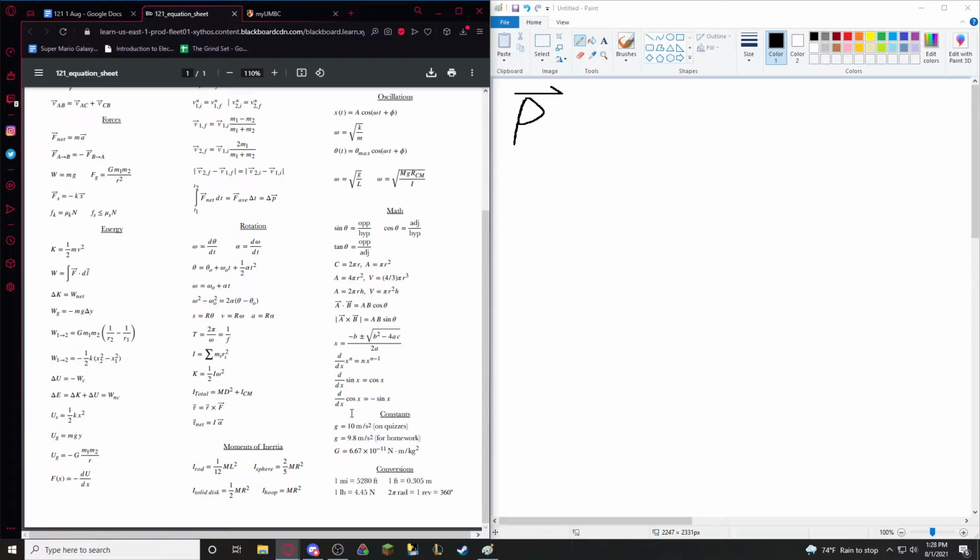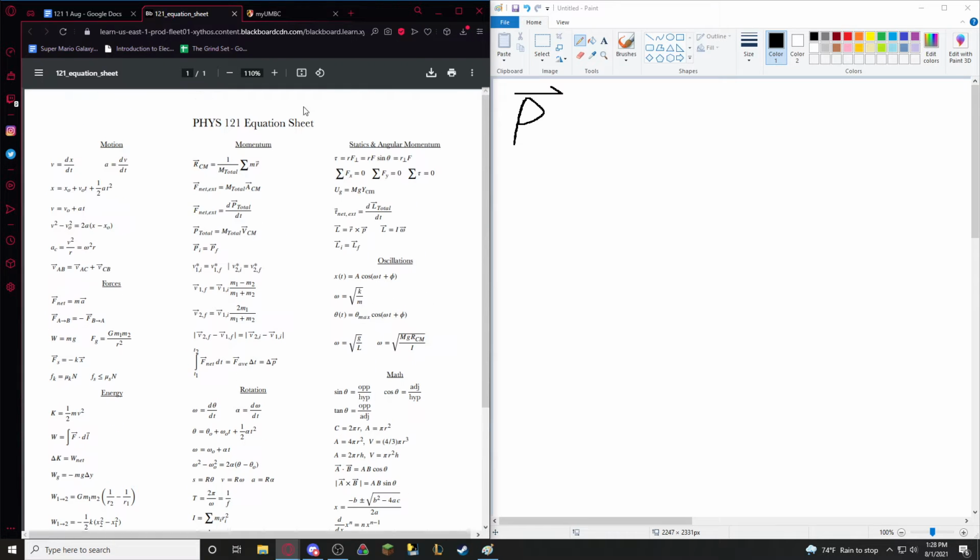The math usually isn't too overly complicated. As long as you've taken Calc 1 and maybe a bit of Calc 2, you're usually fine. As long as you can solve the math, you're usually good. Do you have any other questions? No, that was it. I was looking for that equation sheet.